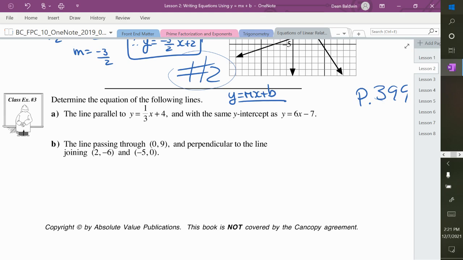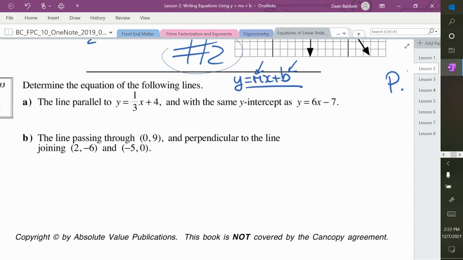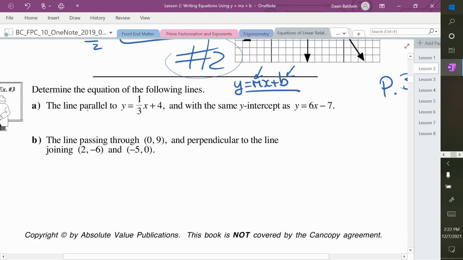To use that equation, what two pieces of information do we need to figure out? Slope and y-intercept, right? We need to figure out what m is and what b is. The first part says, determine the equation of the following lines. A line that is parallel. As soon as you see the word parallel, what does that mean the slopes are?